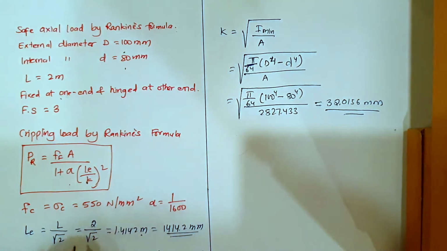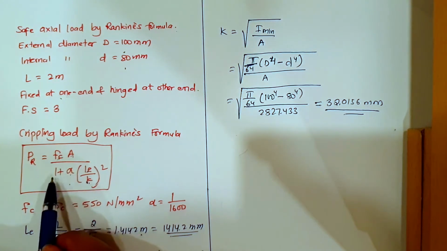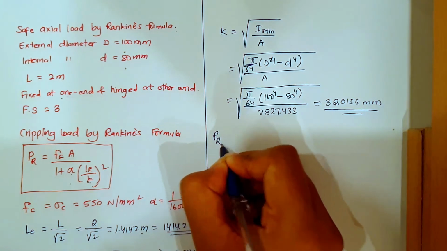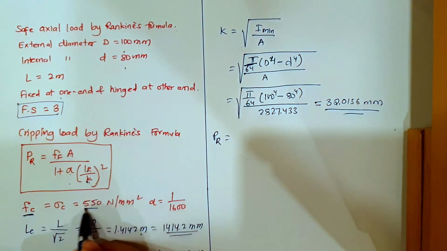Now we have found the value of LE, K also, area we know, FC and alpha are given. So if we put all in this Rankine's formula, PR will be: FC is given equal to 550, right?